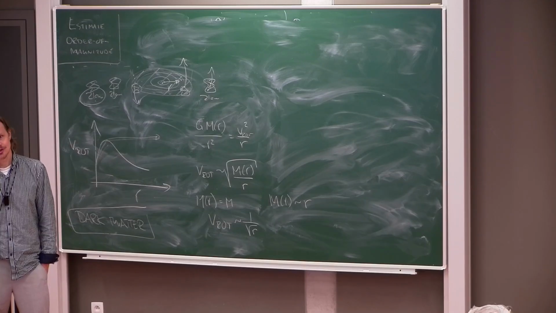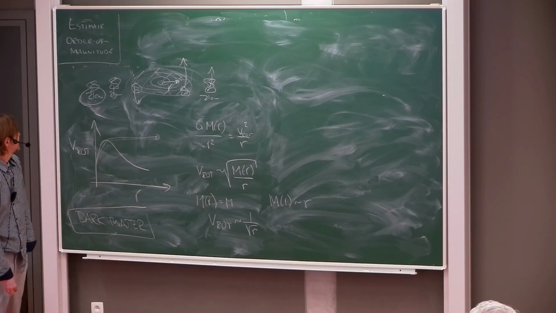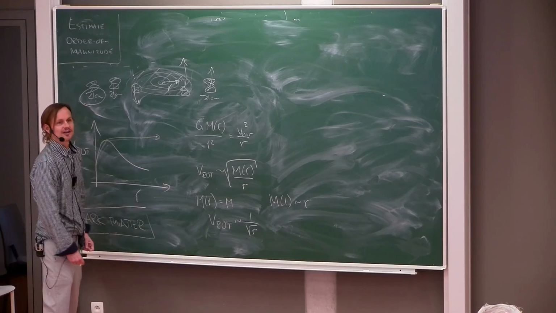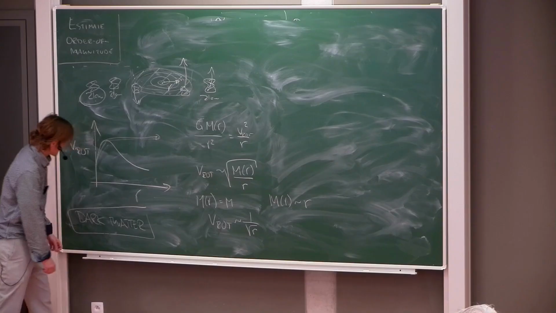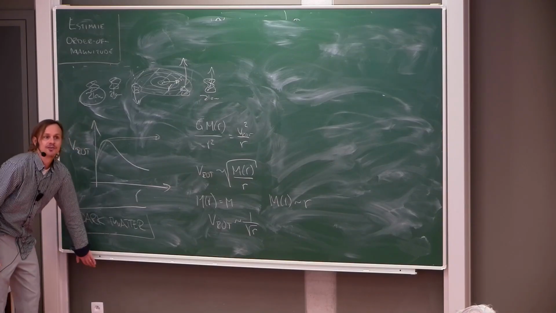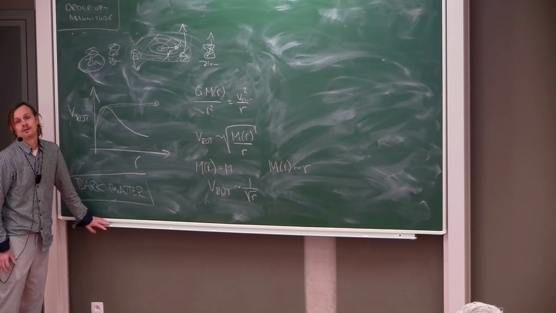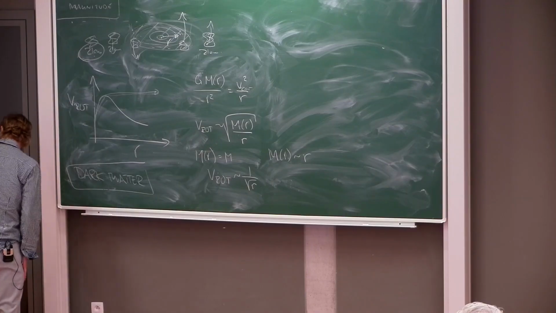So we have to have a lot of hydrogen there, which we do because the universe is such a big place. So even if the density is low, this results in a significant amount of emission, which leads to the inference of dark matter in the universe.